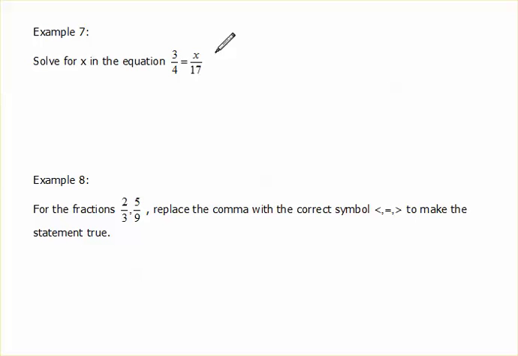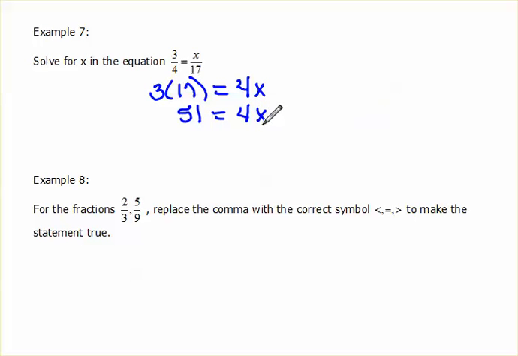So what we can do is use that cross multiplication technique and set up an equation and solve this. So we're going to multiply the 3 times 17 equals the 4 times x. So now 3 times 17 gives us 51 equals 4 times x.